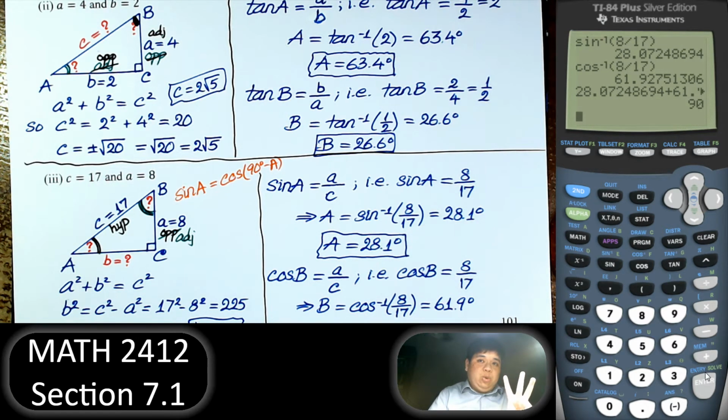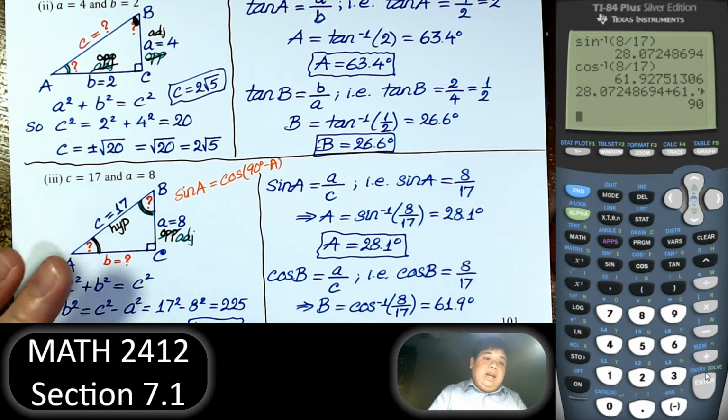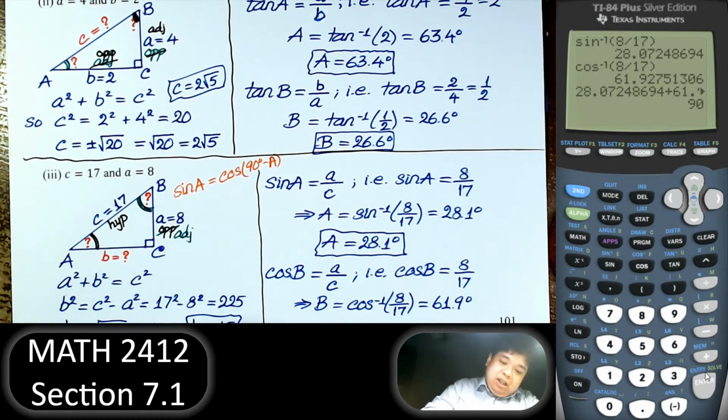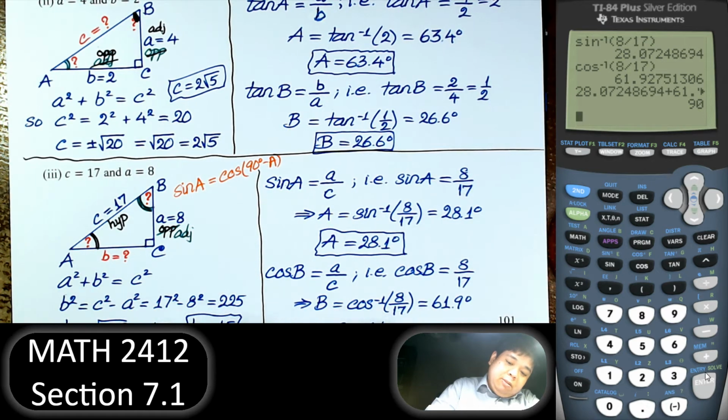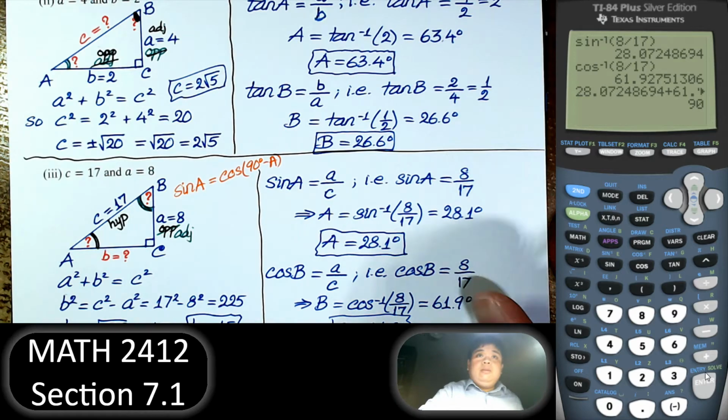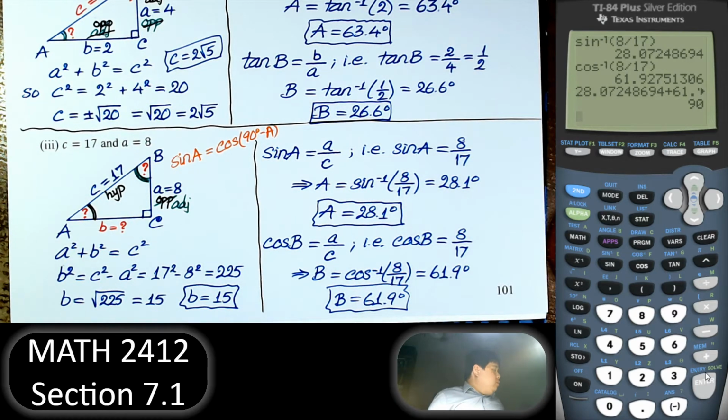So we are given the right angle and two other pieces of information, and we need to find the missing three other pieces of information. It could be sides, it could be angles. Right, so that's what we have.